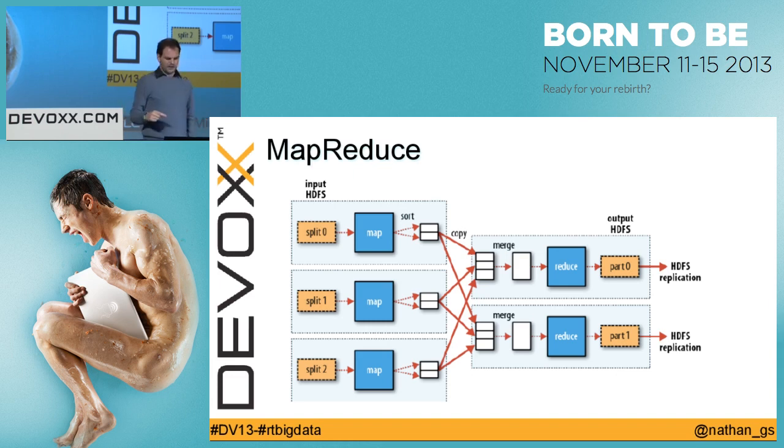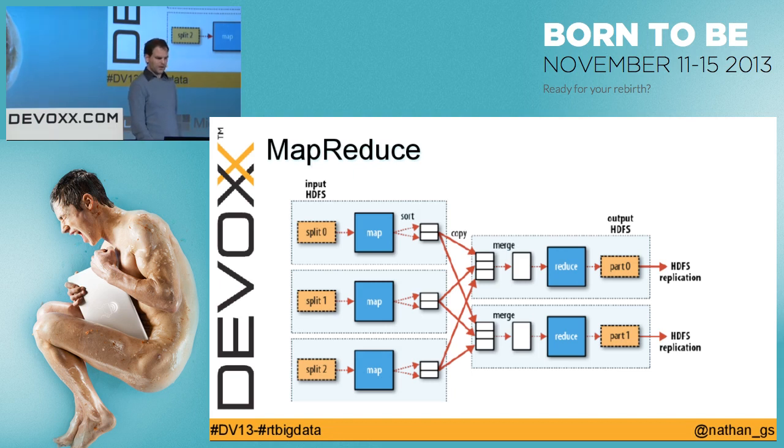Then in the second step, you will have a sort and shuffle phase where the output of your map jobs is sorted and grouped, and it will be read by your reduce functions, and then your reducers will output again a file or anything.